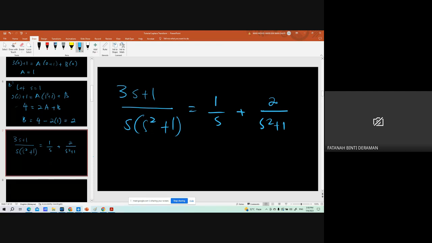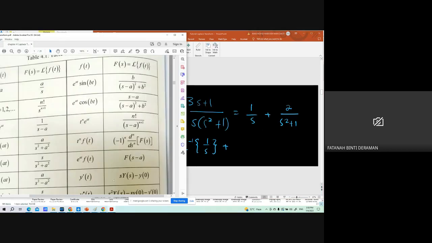Okay, so now can we take Laplace? So we can take now the Laplace, the inverse of 1 over s and plus, maybe here we can see first what in the table. Okay, in the table we have, is it we have 2? We need to have 1 here. So 1. So you can see here we have this.